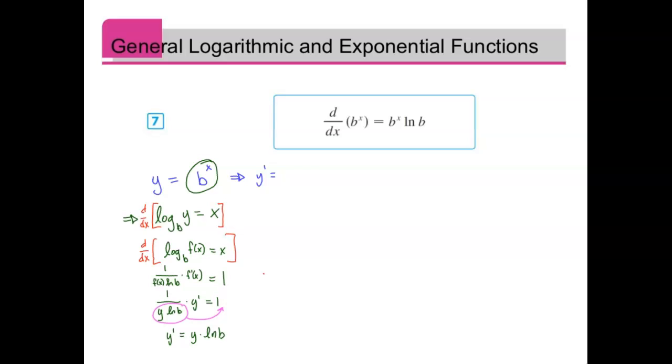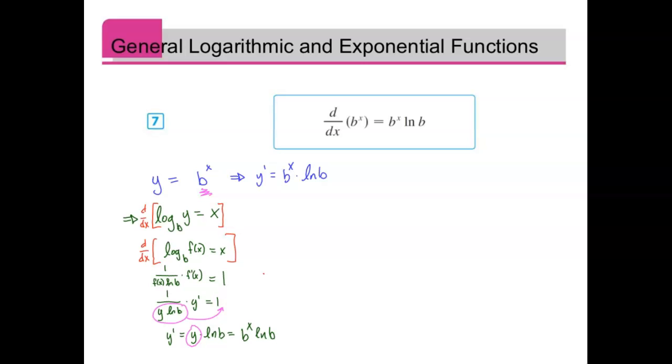So I need something I can replace y with. And we know that y is b to the x, so I can replace this y down here with b to the x. So this equals b to the x natural log b. And thus, I've proven that the derivative of b to the x is just b to the x times natural log b.